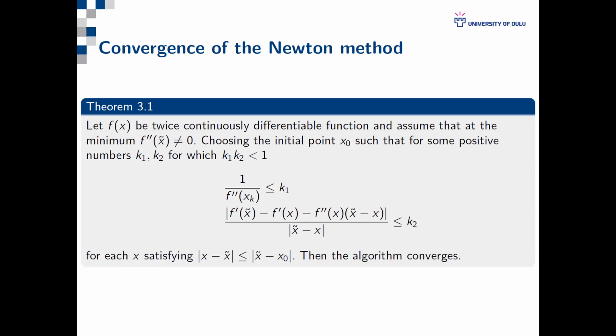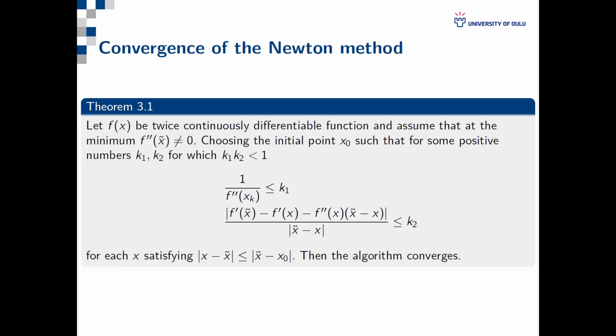So if the function f is twice continuously differentiable, so the second order derivative exists and it is continuous at some interval where we know that there is this minimum point. And the minimum point satisfies the condition that the second derivative is non-vanishing. Then the condition here is quite complicated.